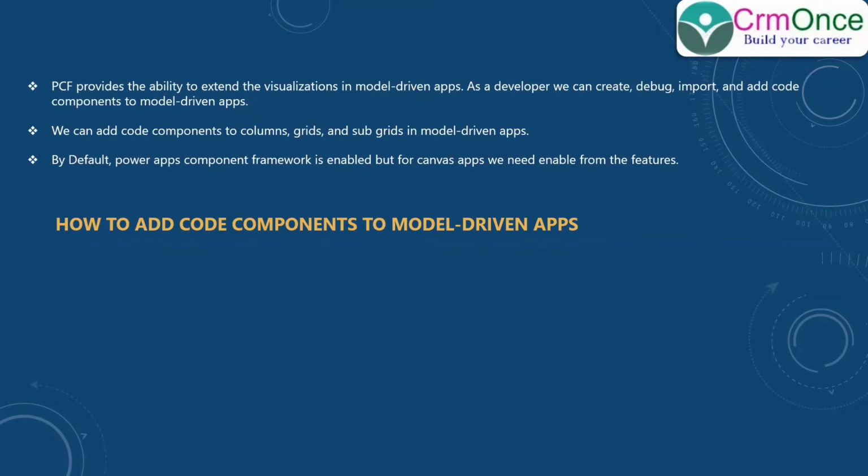Here is one more important point. We can only add the PCF controls to fields, grids, and subgrids. Fields means things like text, multi-line text, and date and time. Fields are now labeled as columns.